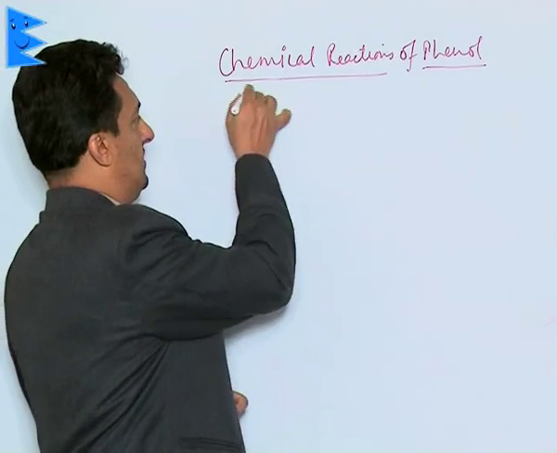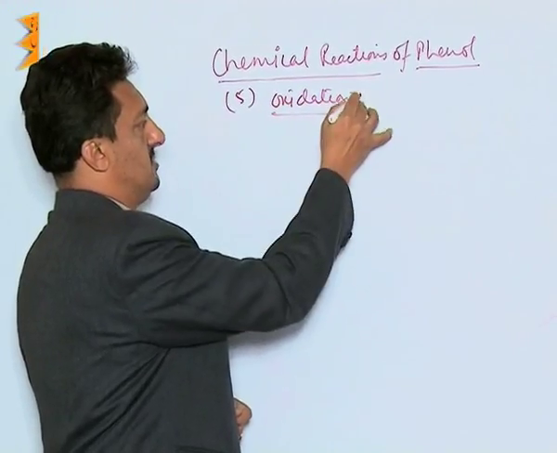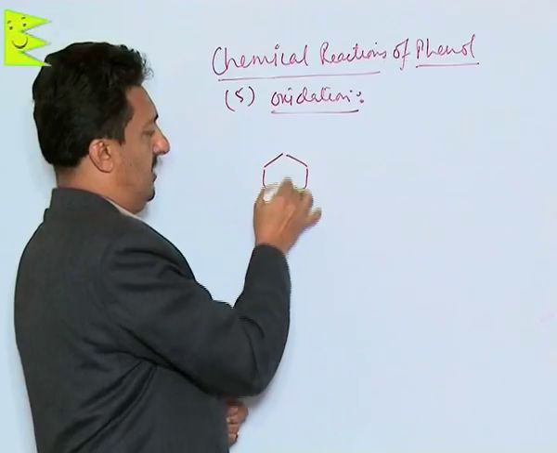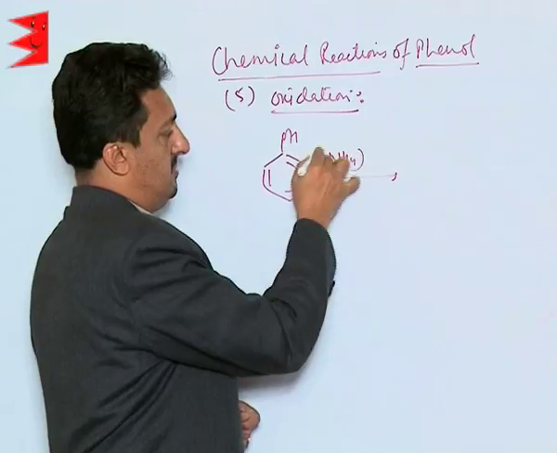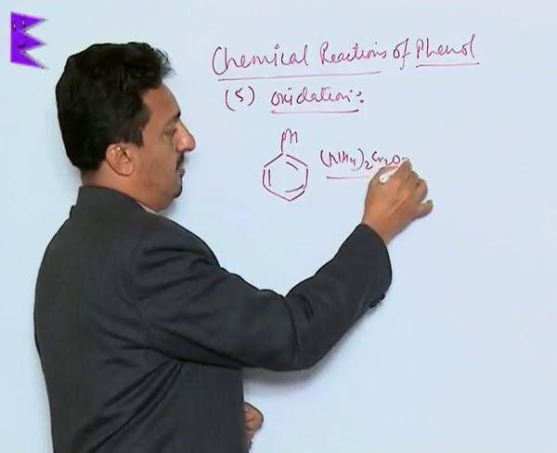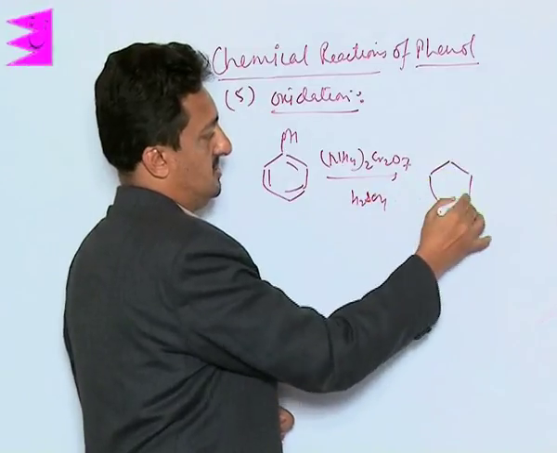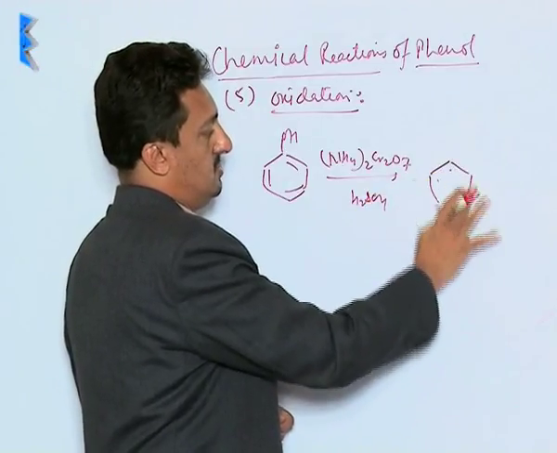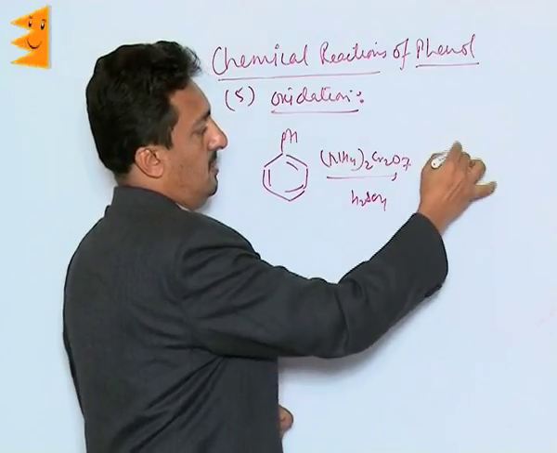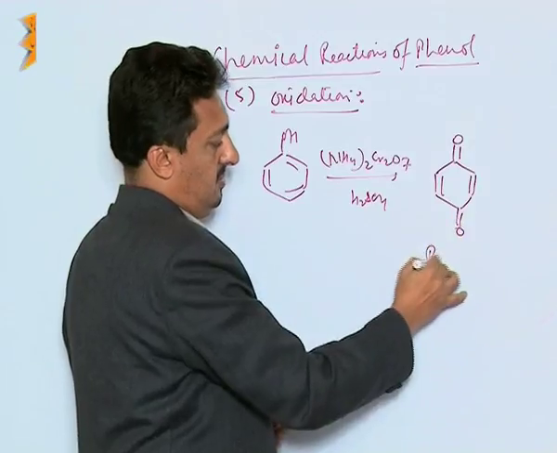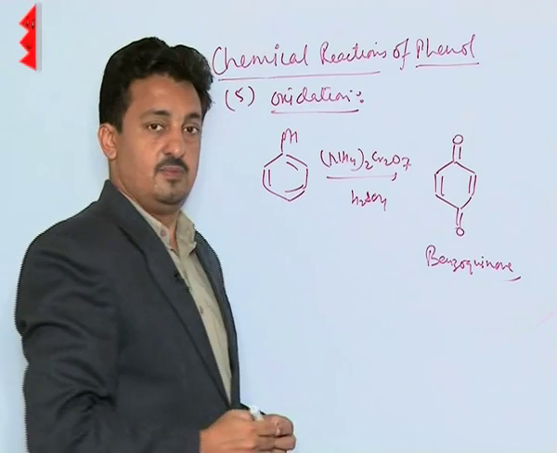Let us see the oxidation of phenol also. Yes, phenol can also be oxidized using ammonium dichromate and sulfuric acid to the product called benzoquinone.